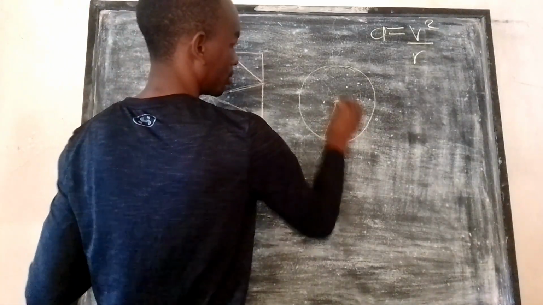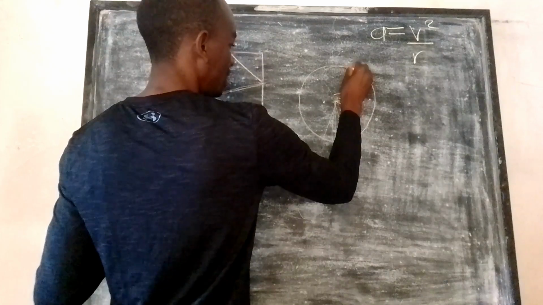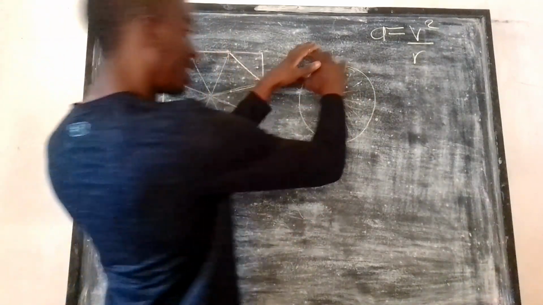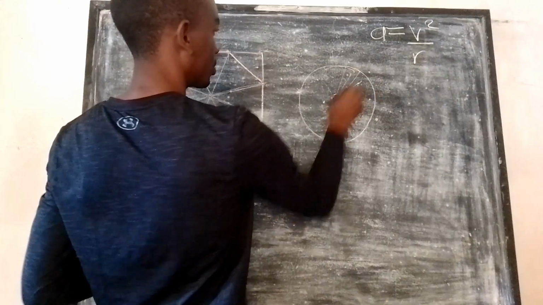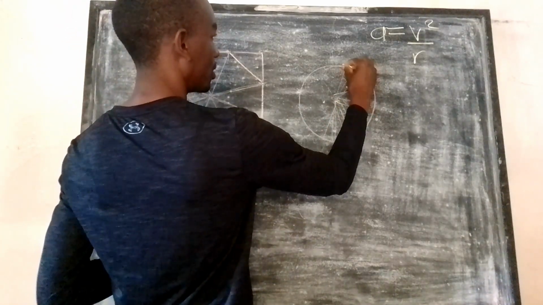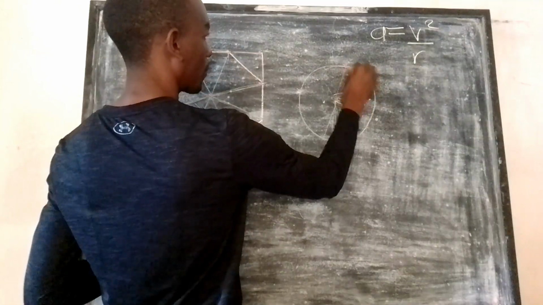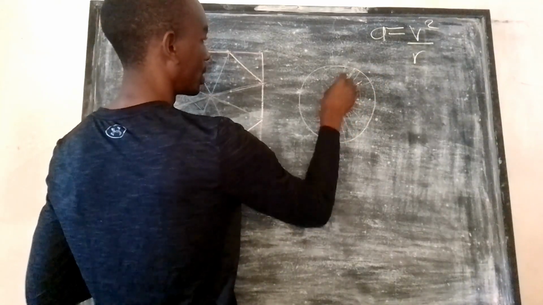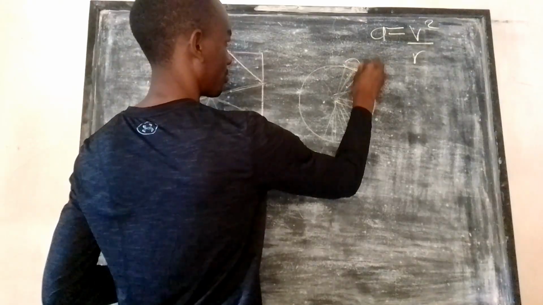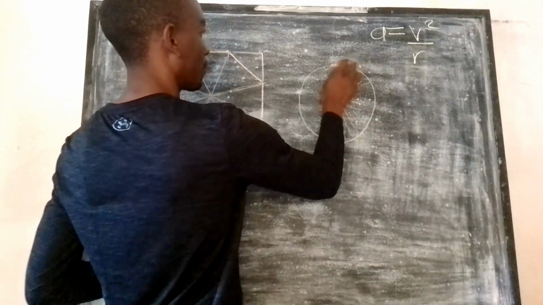If you could zoom in down to the tiniest possible scale, you would find that the sides of these little shapes are straight. They're not curved, they are straight.